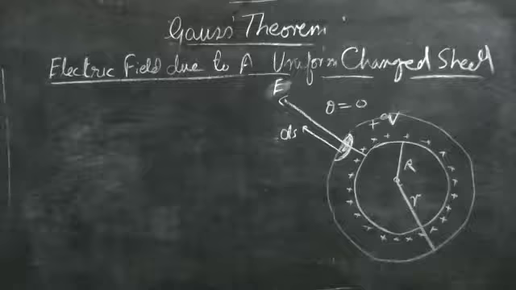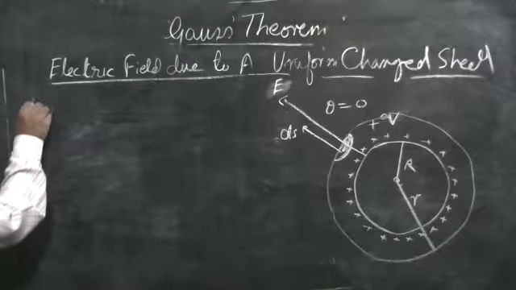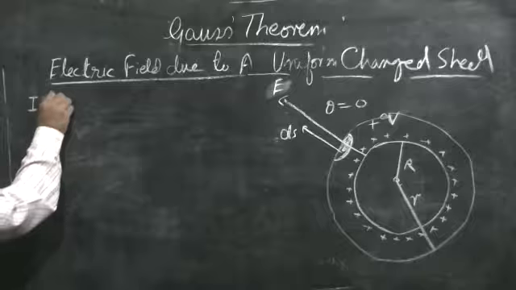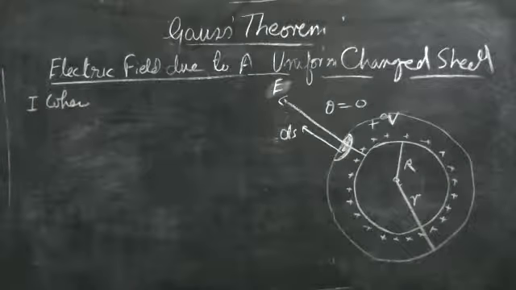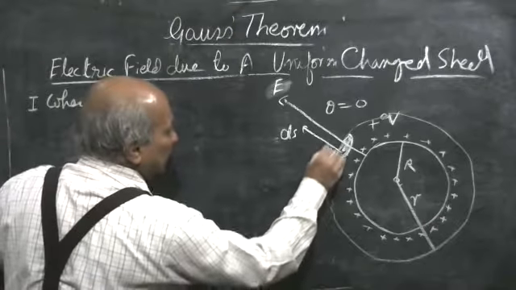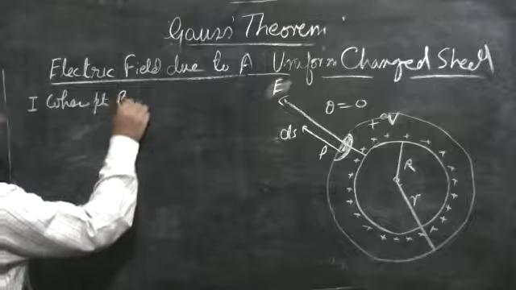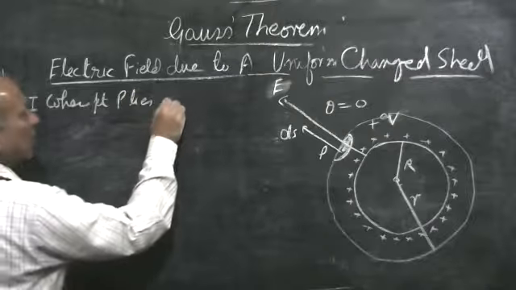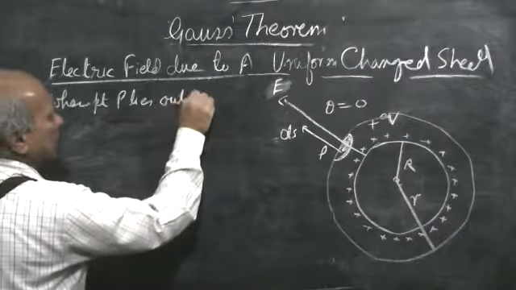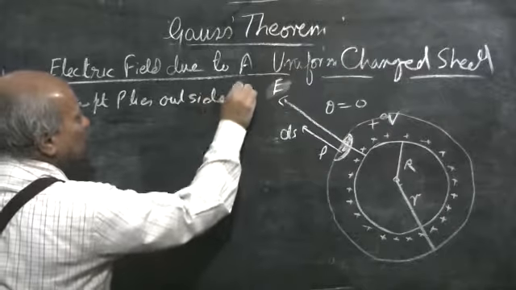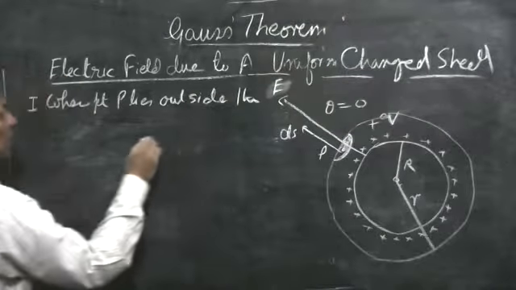Now, first position, when the point P lies outside the sphere. This is point P, which lies outside the sphere.